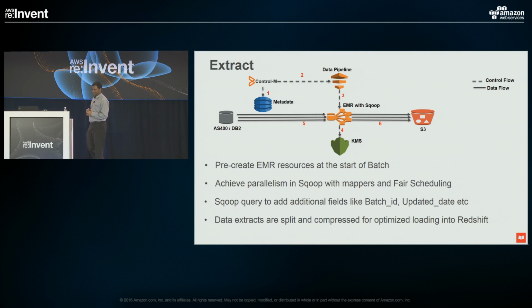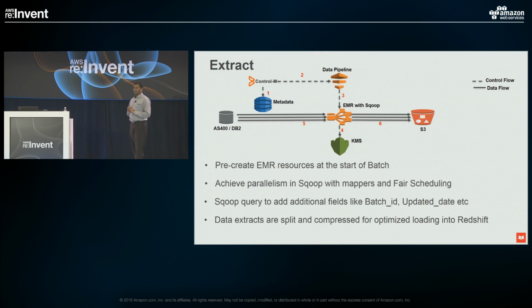It's relational. The reason we went with this architecture is, as Ali mentioned, we used a tool called Sqoop, which is an open source tool that can sit on top of EMR. It can parallelize. You can define the number of mappers or parallel processes that extract and save the data somewhere.